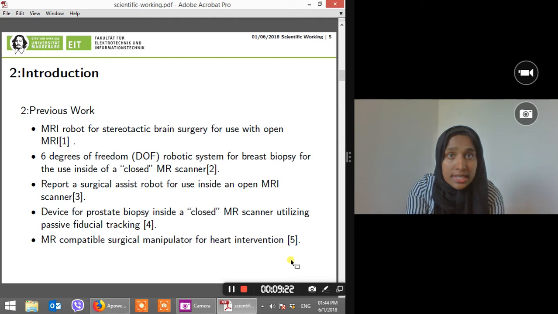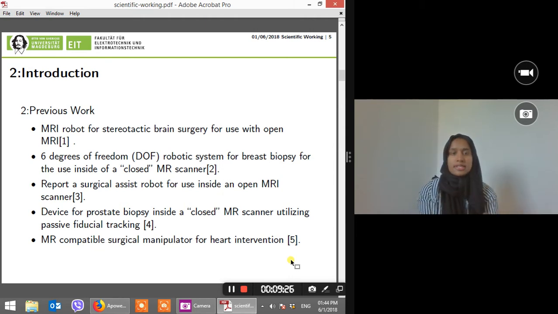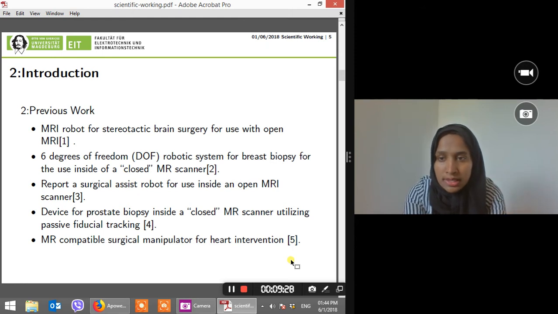We will be discussing what tracking is, and what passive and active tracking are, as that is part of our paper as well. Then an MR compatible surgical manipulator for heart interventions. I have provided the references at the end of my presentation, so anybody interested can visit them and get brief information about all these.